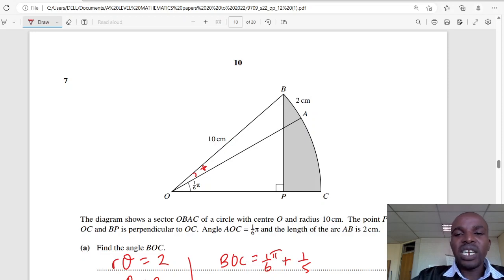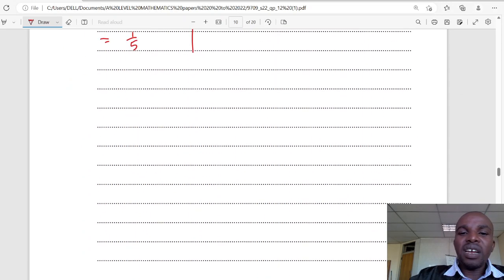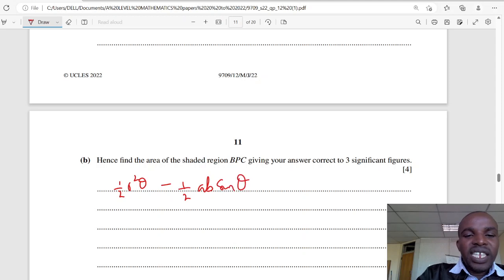Area of sector is half r squared theta. Then area of a triangle is half AB sine theta, and your theta must be an angle in radians. So it's half r squared theta minus half AB sine theta.